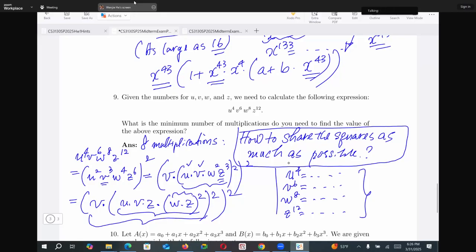Then in that way you count the number of multiplications. If you get this structure, you cannot miss it. Just count it carefully.